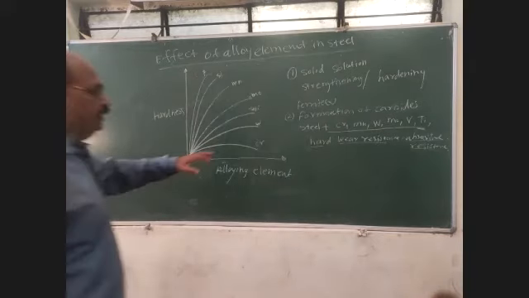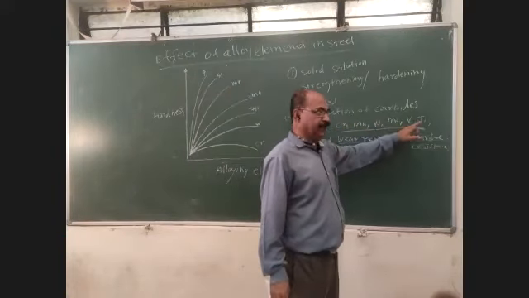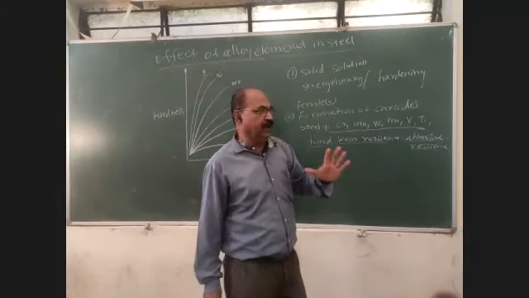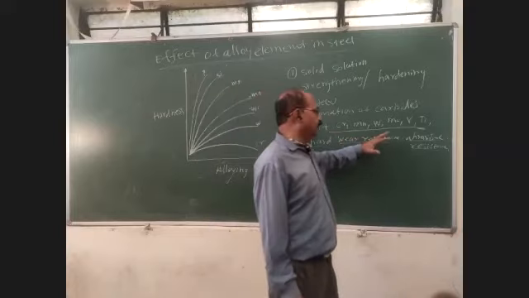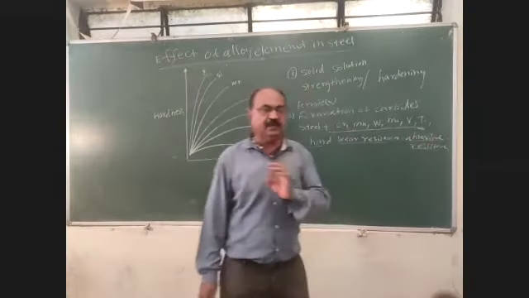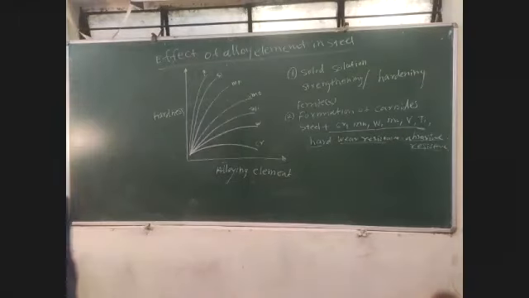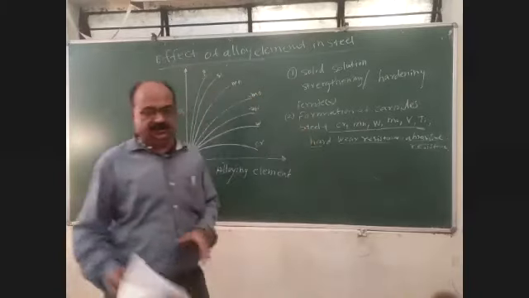If we add chrome, manganese, tungsten, molybdenum, vanadium, titanium in the steel, it will form carbide, and that carbide is very hard. Examples, our cutting tools, our CNC, VMC cutting tips, we can manufacture by using this.